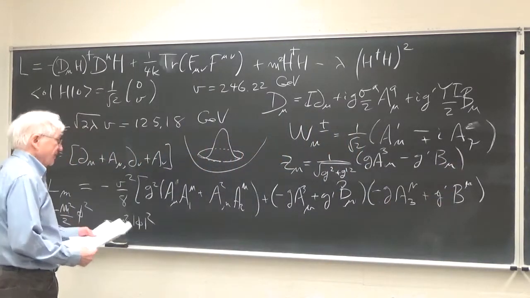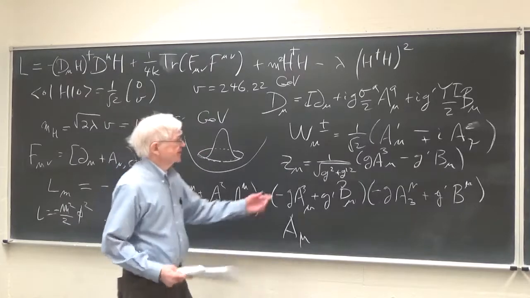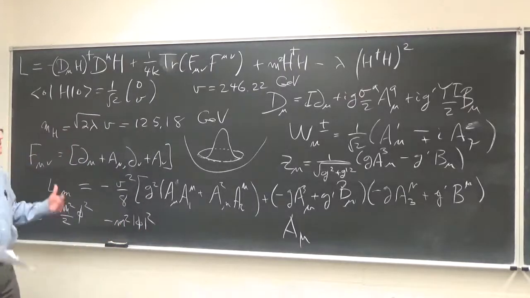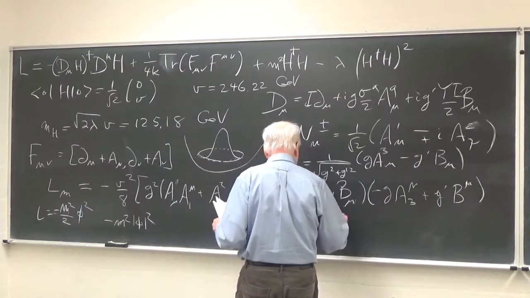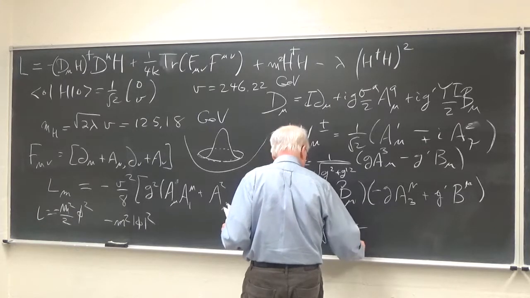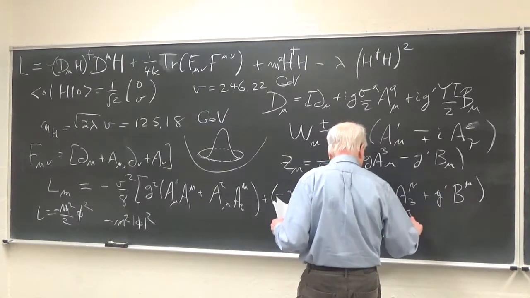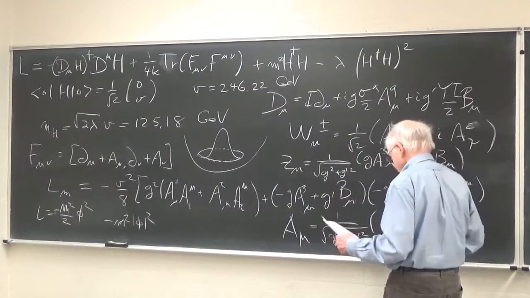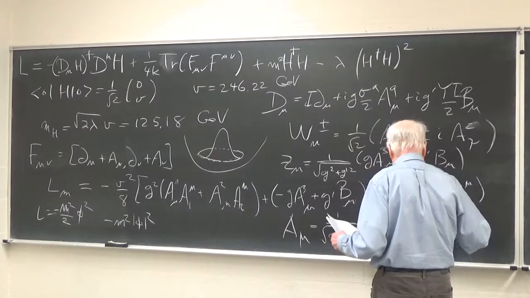And the photon, or the fourth field, there are 4 gauge fields here. There are 3 here and 1 there, but they're not mass eigenstates. The mass eigenstates are the W, the Z, and the photon, which is then 1 over square root of g squared plus g prime squared times g prime a3 mu plus g b mu.